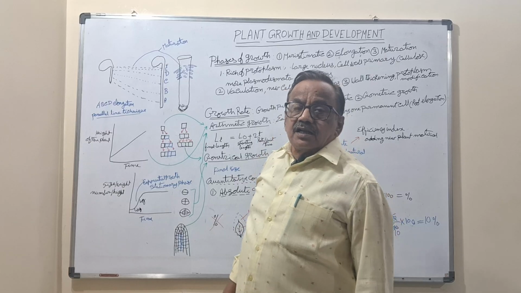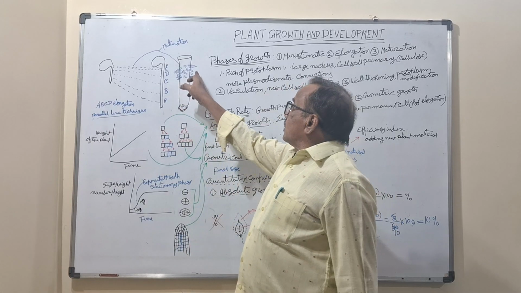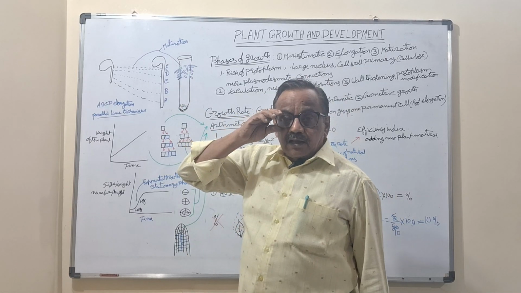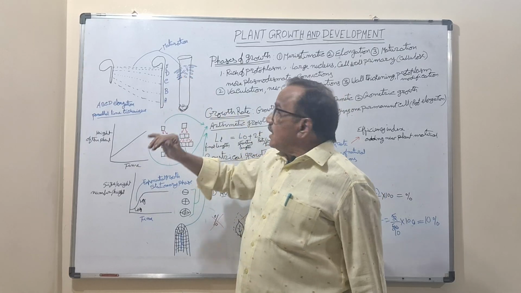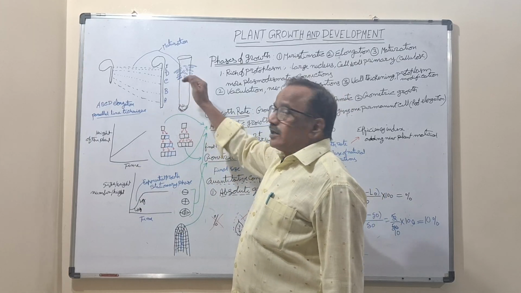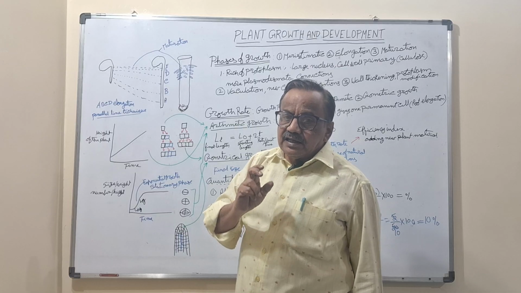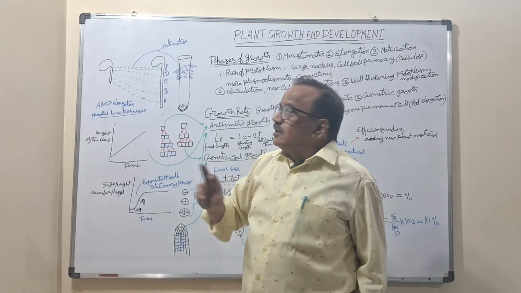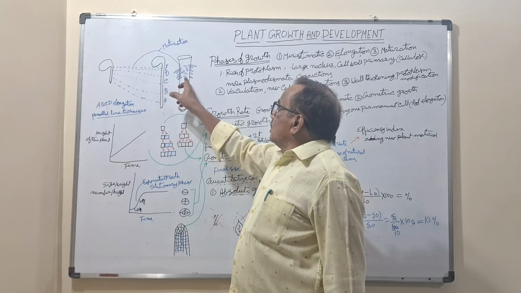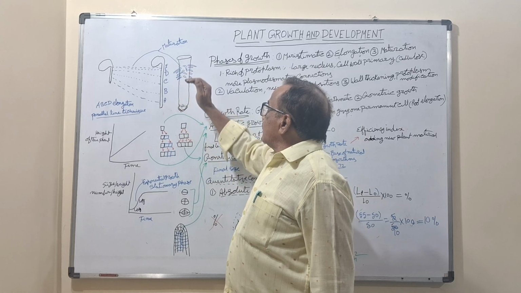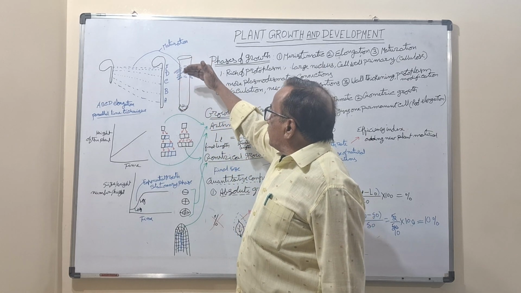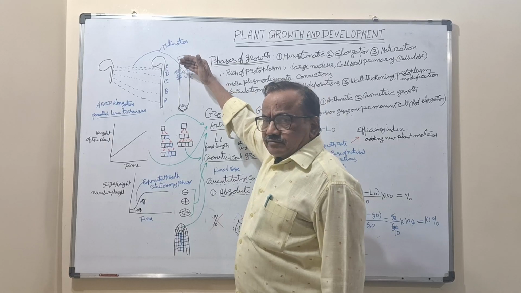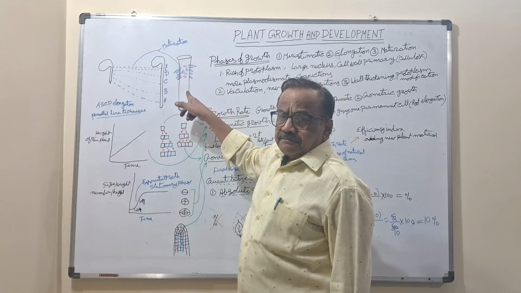After the elongation zone, he has given the maturation zone. Maturation zone means the elongated cells, which have reached maximum size in the elongation zone, then travel inward, followed by differentiation.